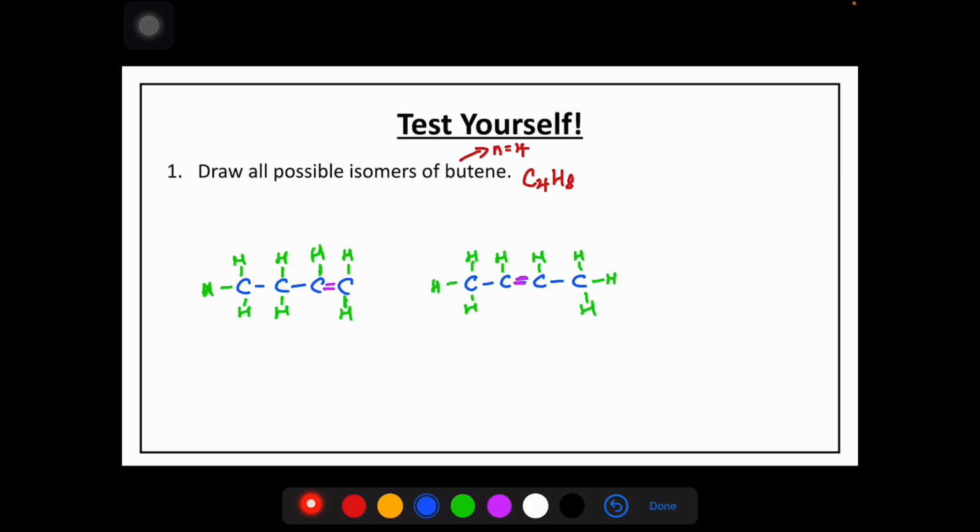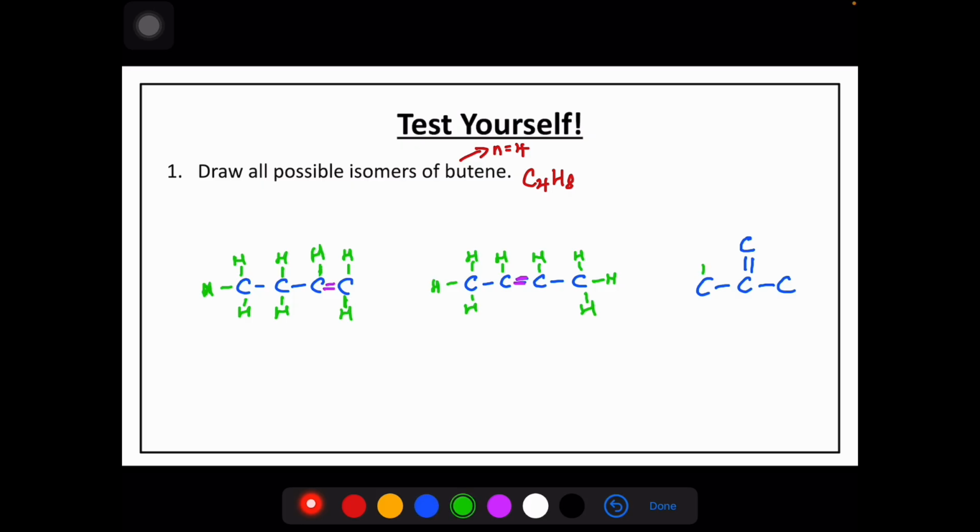Alternatively, it's also possible to say, what if the alkene is actually branched? Remember in the previous video we learned about the branching of alkene. So similar over here, you can also have a case whereby you have 3 carbons in the same row, but their carbon actually branches upwards, right? So how could this look like? Perhaps it will be a single bond between these 2, and then a double bond between these 2.